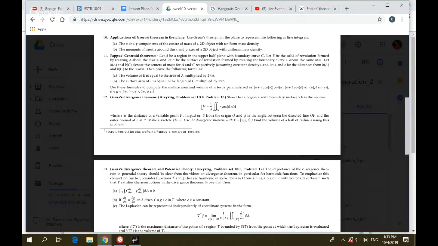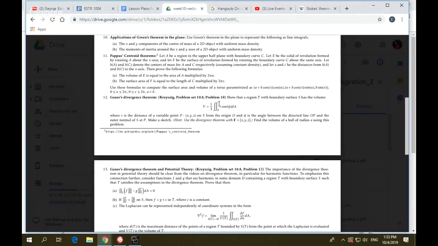Now, when you look at this formula, you should be reminded of what you saw in Green's theorem. In Green's theorem, you saw that the area of a region is given by a single integral of a certain function along the boundary, right? So this is like a higher dimensional version of that.